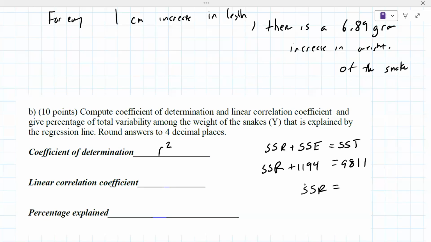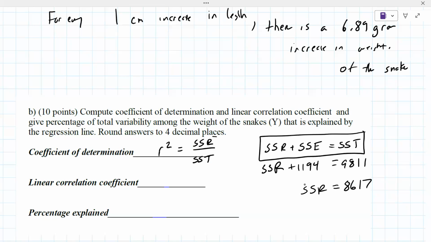Got 8,617. And so the coefficient of determination is SSR over SST. So these might be some things to include in your reference sheet.